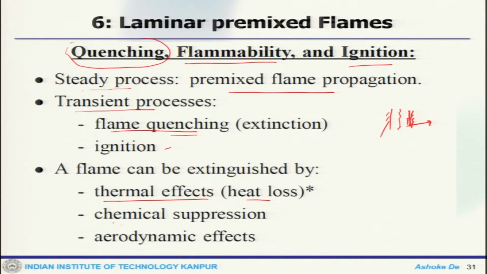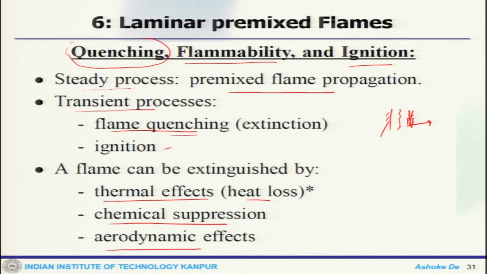Then chemical suppression is another factor which may cause the flame extinction. Then the aerodynamic effect. What we mean by aerodynamic effect is that in any burner, the fuel and the fuel-air mixture are injected through some pipelines and other means like a swirler or something like that.